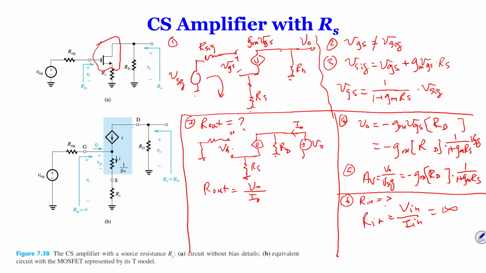So VGS is equal to 0 minus, let's call it VS. And then VS is equal to gm times VGS.